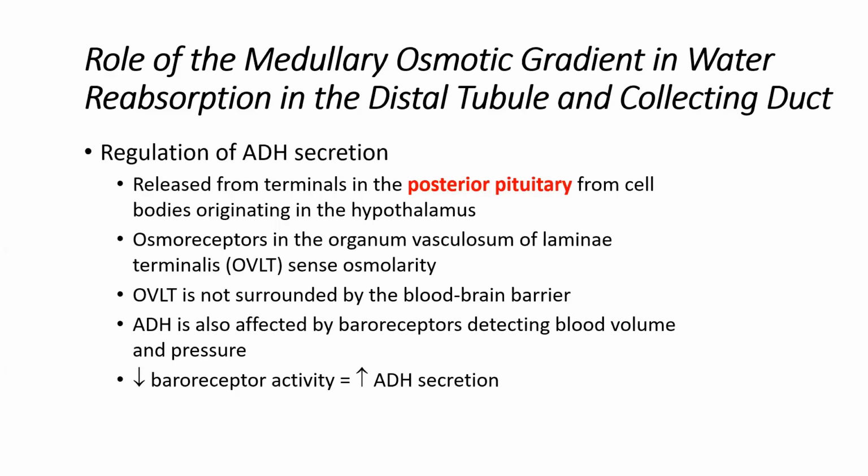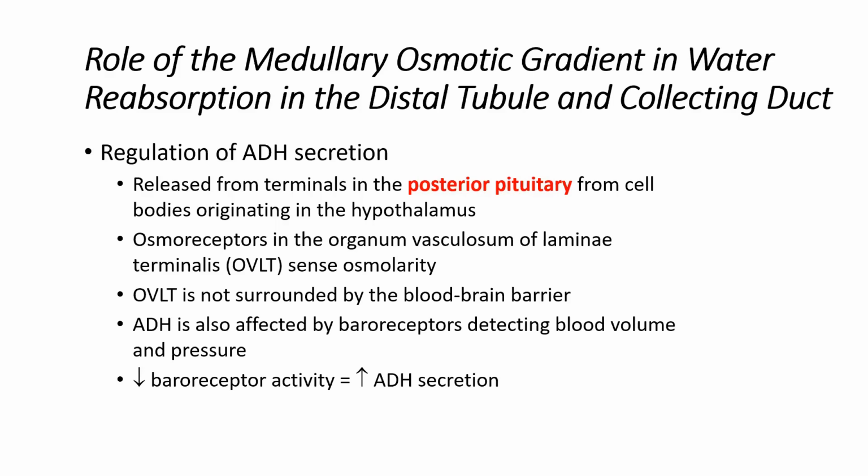So baroreceptors are detecting a similar phenomenon. They're detecting blood volume and blood pressure, and they're also going to secrete ADH in response to changes in blood volume and blood pressure, all right? So if we have low blood volume and low blood pressure, which means there's little fluid, little volume in our plasma, in our circulatory system, this is another trigger to secrete ADH.